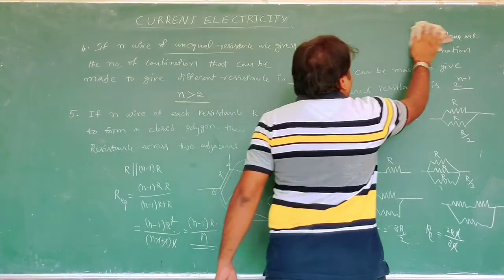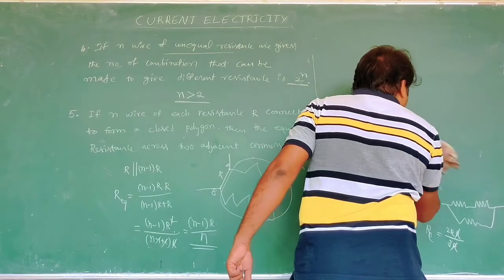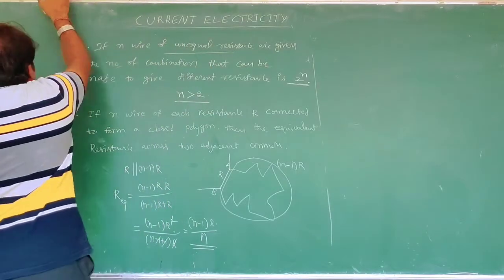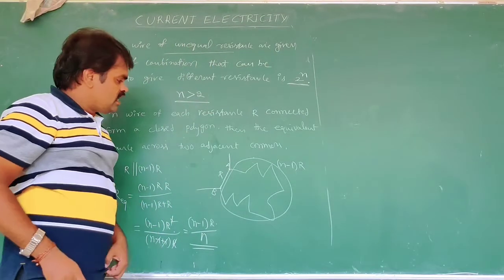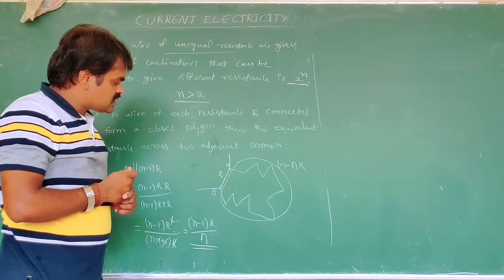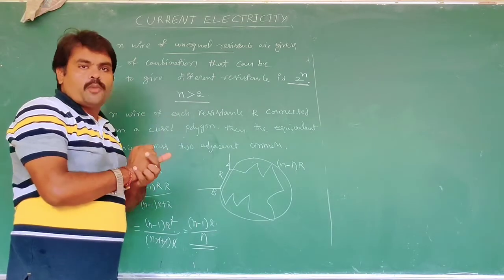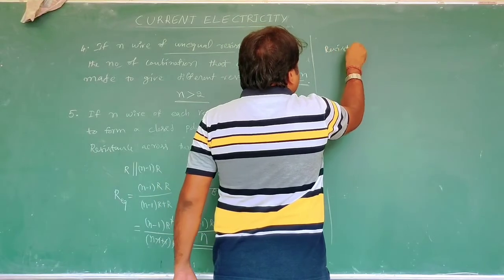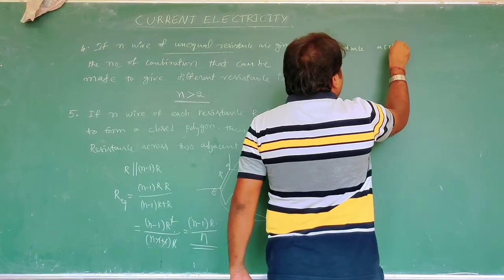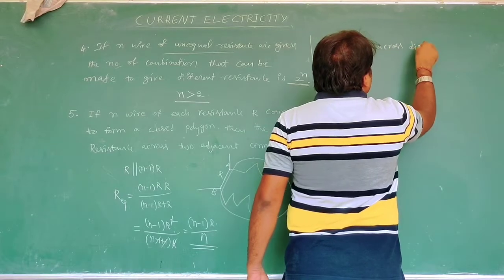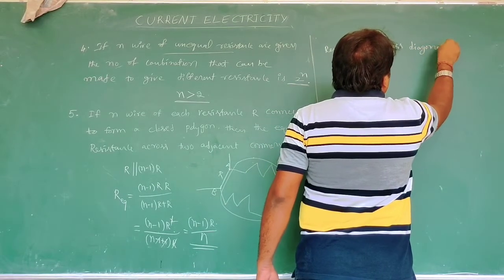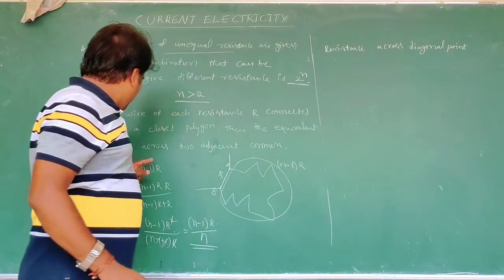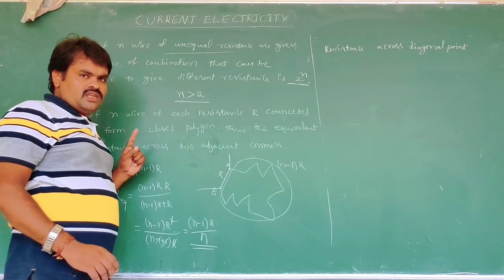Now, resistance across diagonal points. Resistance across diagonal points means the points must be opposite. Here, the total number of wires is n.